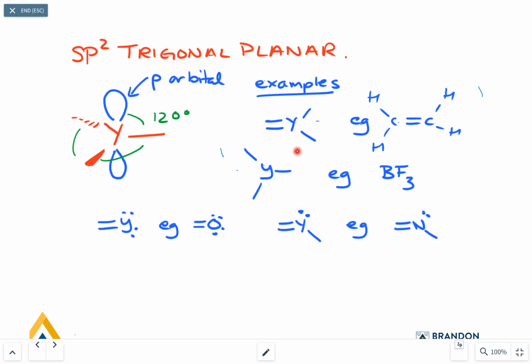So we would have a hybrid orbital, and these lone pairs would be in a hybrid orbital. And then the remaining would be a pi bond using a p orbital. So those are basically the systems here.